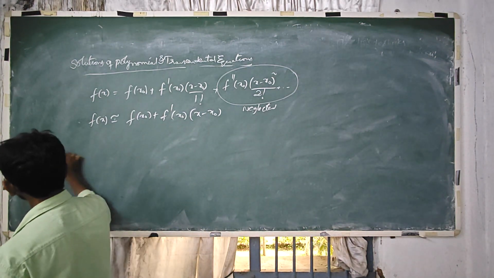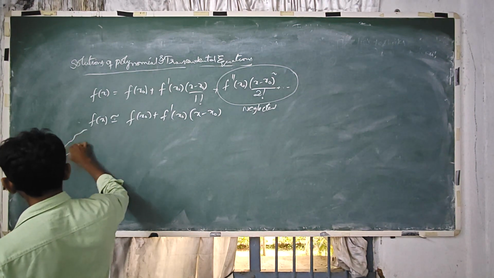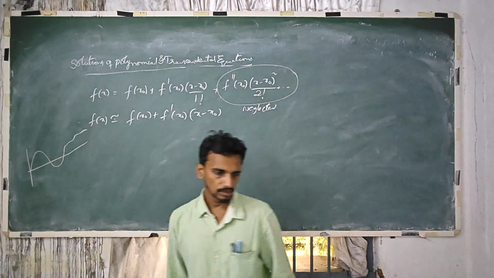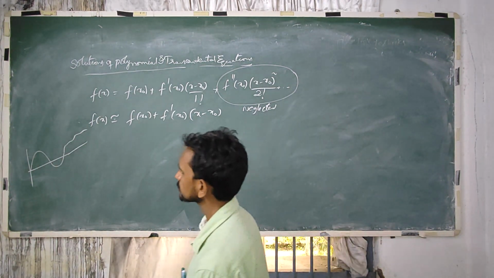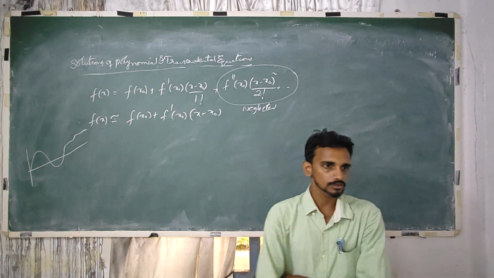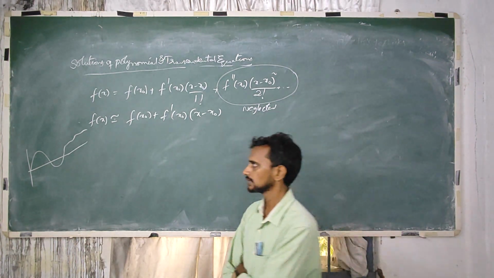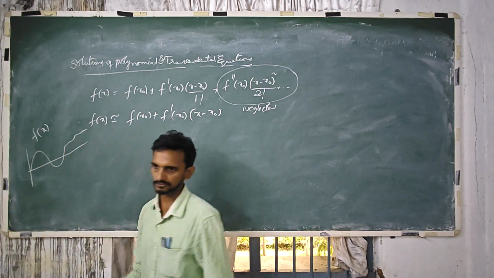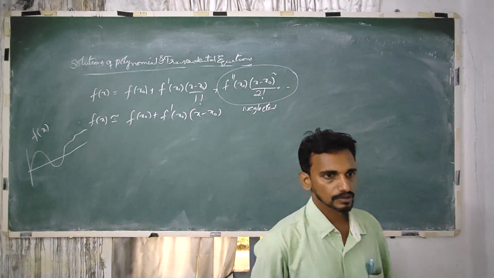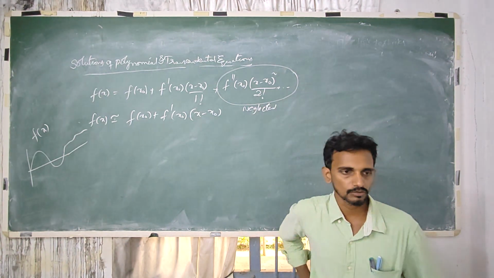So whatever function you are given, what is the solution of the function? What do you mean by solution? Let's say I have given a function f(x), some graph. What do you mean by solution of that function?